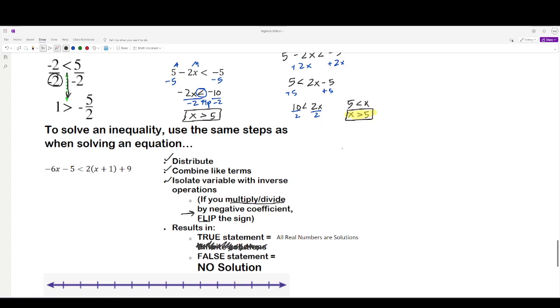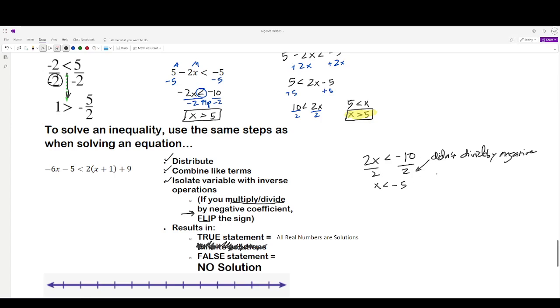So if I had 2x is less than negative 10 and I divide by 2, I do not flip the inequality symbol because I divided by a positive. I didn't divide by a negative.